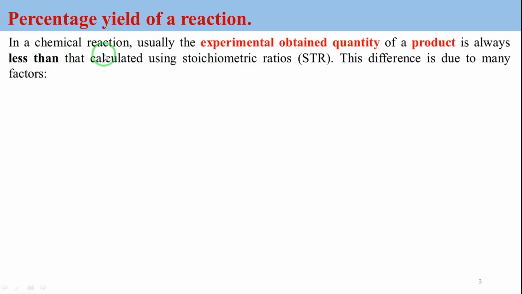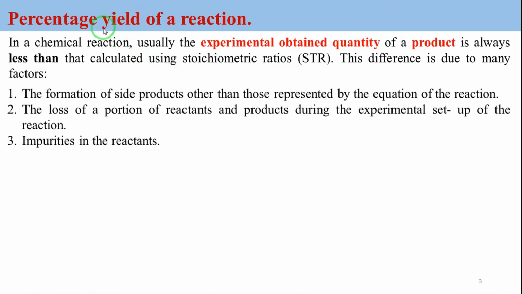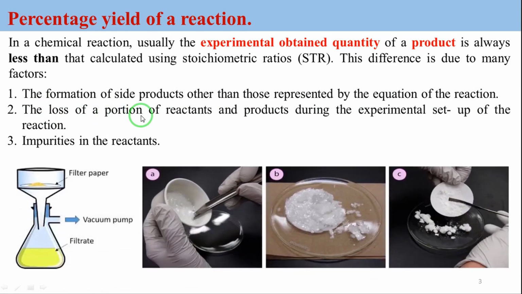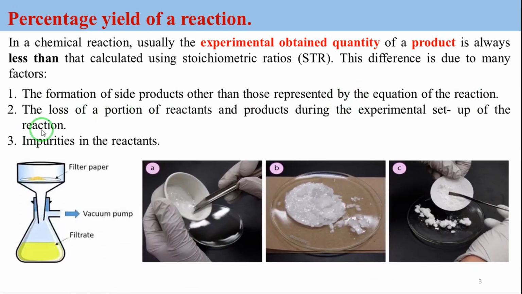In a chemical reaction, usually the experimentally obtained quantity of a product is always less than that calculated using stoichiometric ratios. This difference is due to many factors. Number 1, maybe it's due to the formation of side products other than those represented by the equation of the reaction, or maybe due to the loss of a portion of the reactants and the products during the experimental setup of the reaction.